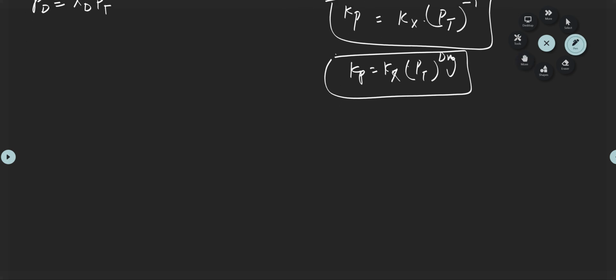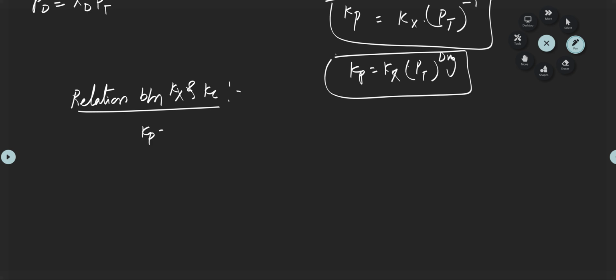Next, the relation between Kx and Kc. There are three equilibrium constants: Kp, Kc, Kx. Kp, Kc is over, Kp, Kx is over, then the remaining is Kx and Kc. Kp is equal to Kc into RT power delta Ng, right?